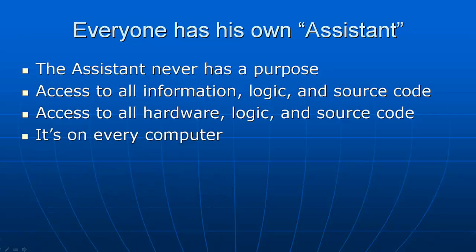It's on every computer. So every computer has access to every other computer. So basically you don't do anything. You don't have to get any of the values or any of the logic. It's already there available for you. And again, it costs nothing. If we do this once, we do it properly.